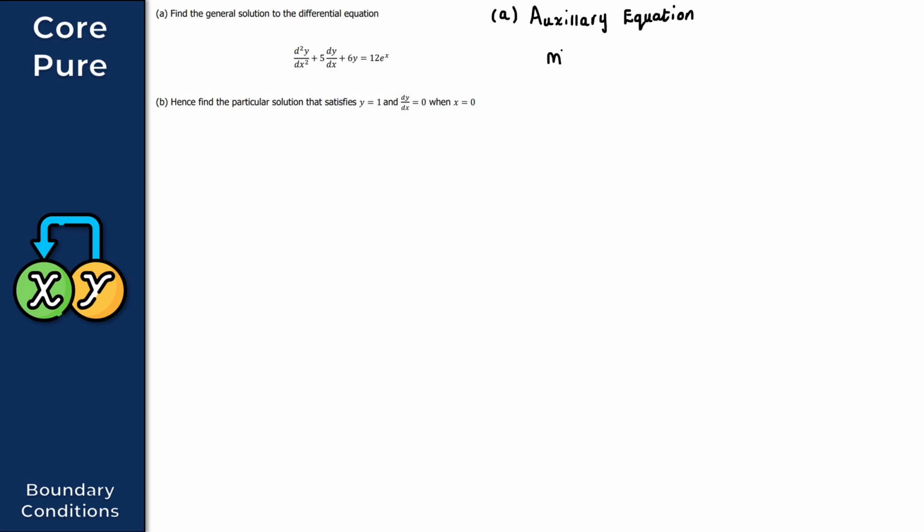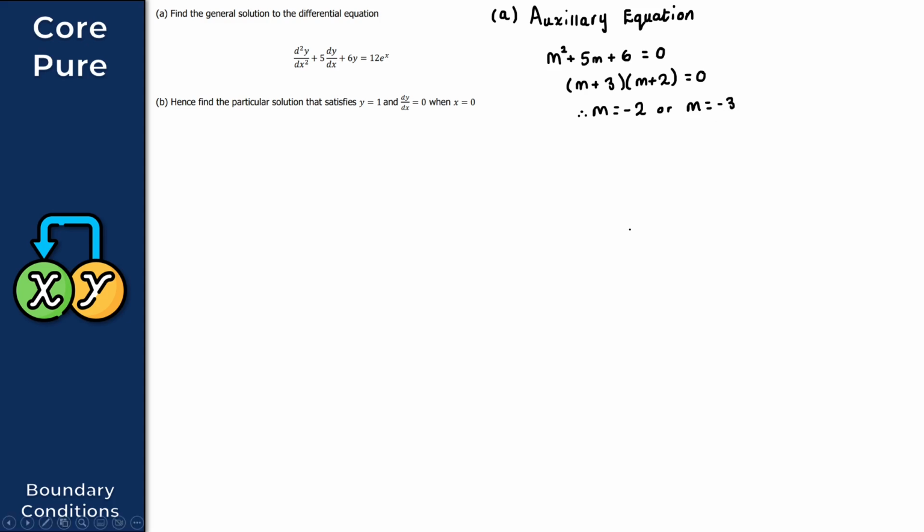Now if we attempt to factorize this, we obtain m plus 3 and m plus 2, and that's equal to 0. In that case, we can see that our two solutions for m will be m equals minus 2 and m equals minus 3.